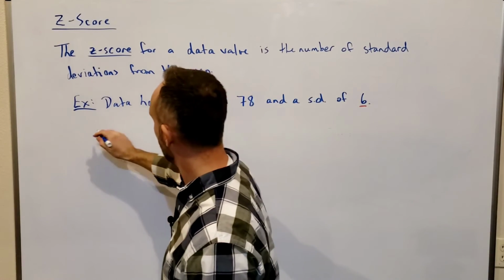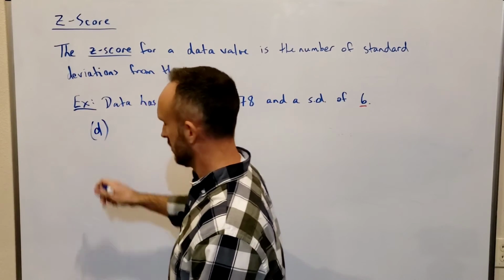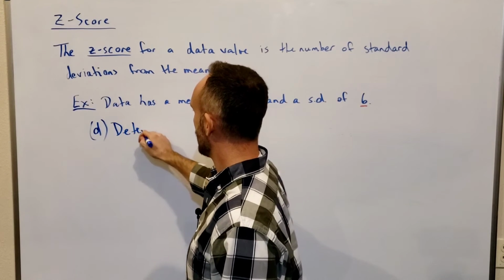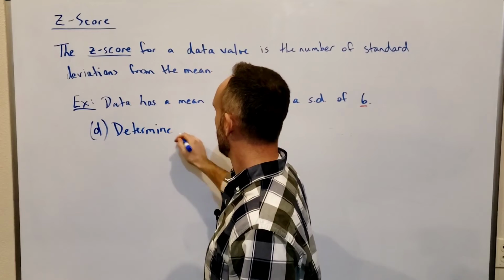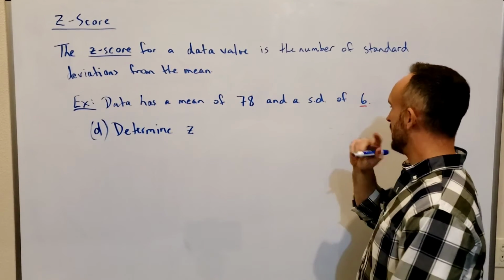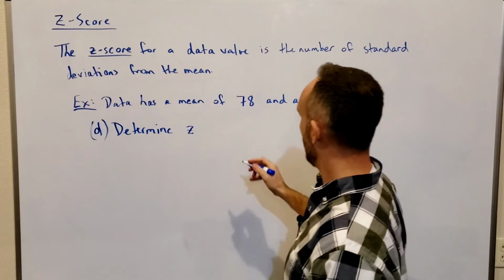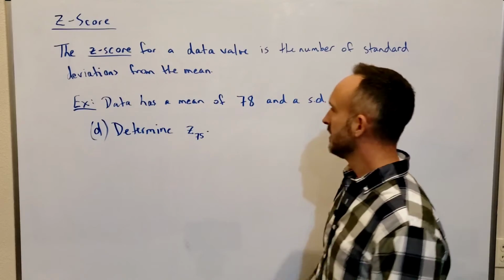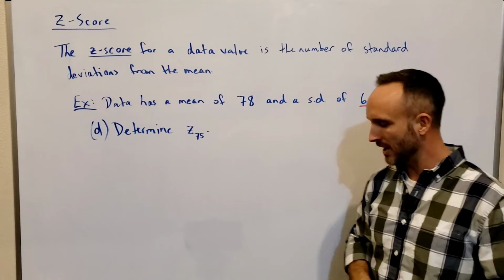So part D. So the way I'll write it this time is determine z with a subscript of, let's say, 75. Determine z sub 75.